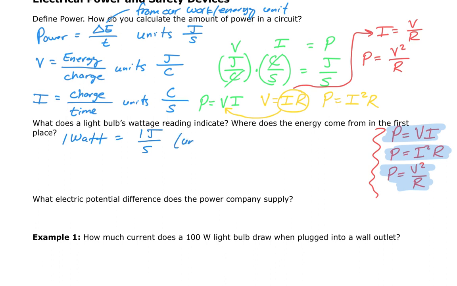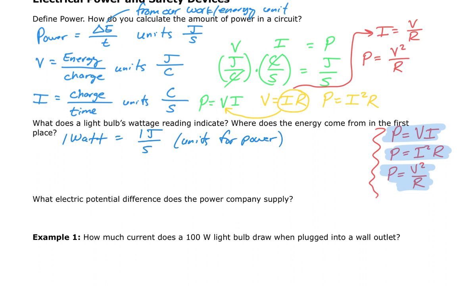So it's a unit for power. And these are the standard units for power. We normally hear of watt for power. Now, I don't like saying a bulb's wattage because it's like saying a person's meters, right? It kind of indicates a height, but it's not really clear. So we're going to say the power of a light bulb, but when we say that, we know that it's going to be measured in watts.